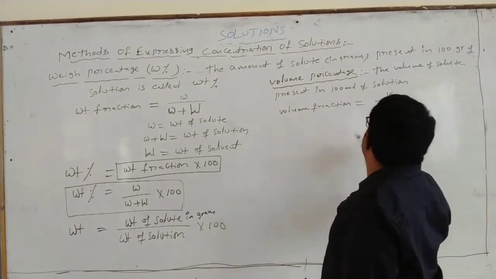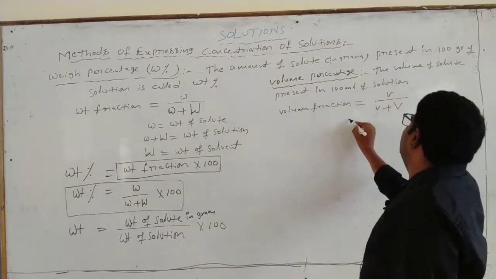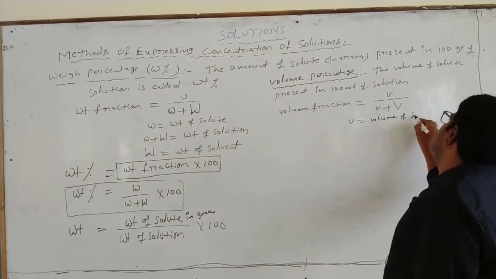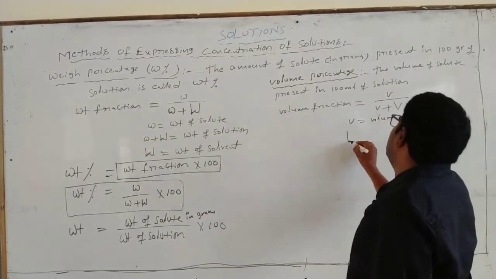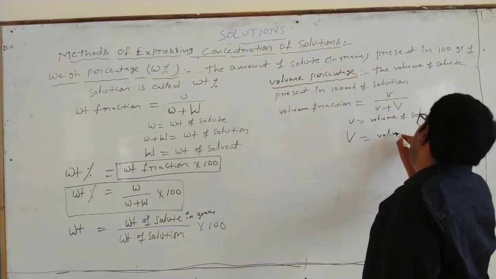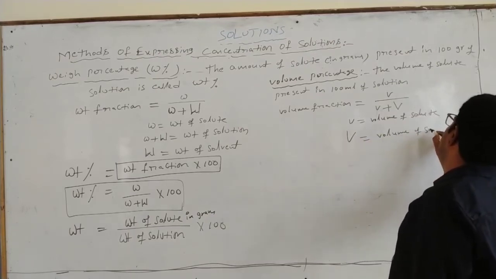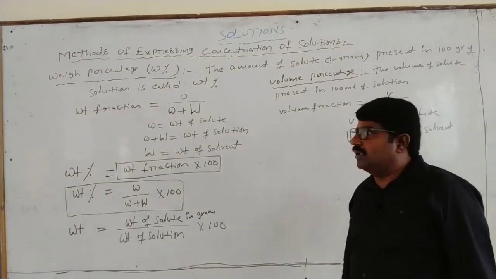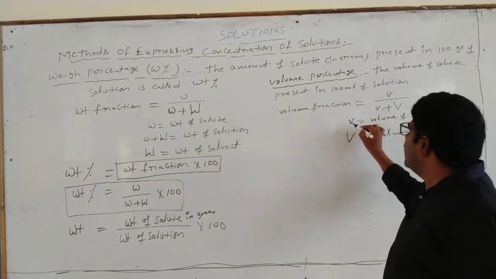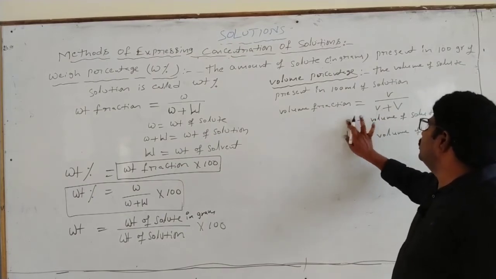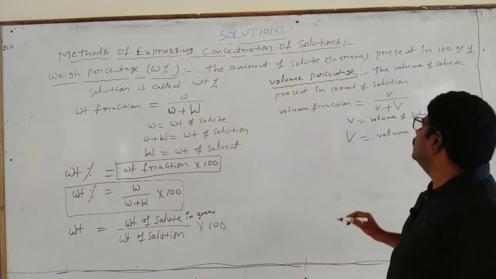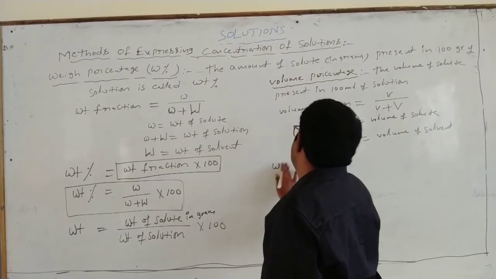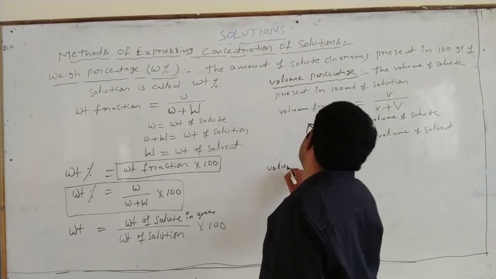Here small v is equal to volume of solute, and capital V is equal to volume of solvent. Solute plus solvent is called solution.